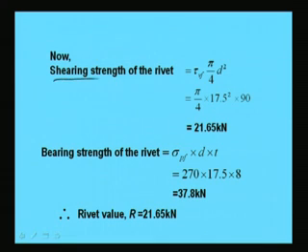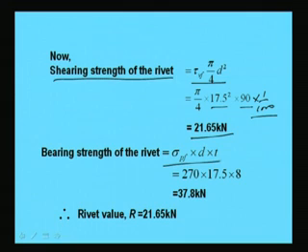So, shearing strength of the rivet first we have calculated as tau Vf into pi by 4 d square, which is coming as pi by 4 into 17.5 square into 90 into 1 by 10 cube, which is coming 21.65 kilonewton, and similarly bearing strength of the rivet we are getting like this, which is coming 270 into 17.5 into 8. 8 is the thickness of the thinner plate, because thickness was 8 mm and 10 mm.